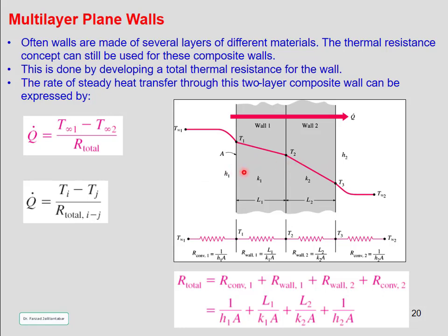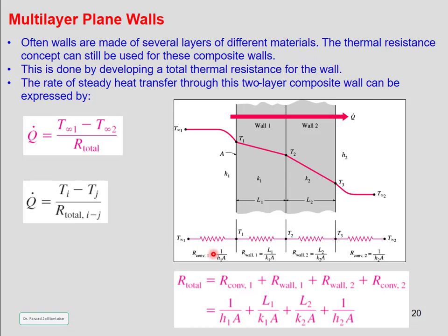Walls which are made of different materials are usually called composite walls. As you may have already guessed, this is done by simply noting that the conduction resistance of each layer is equal to L divided by kA, and they are connected in series, as you can see in the figure.